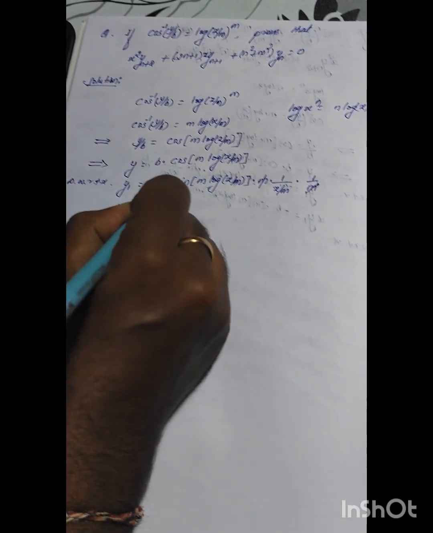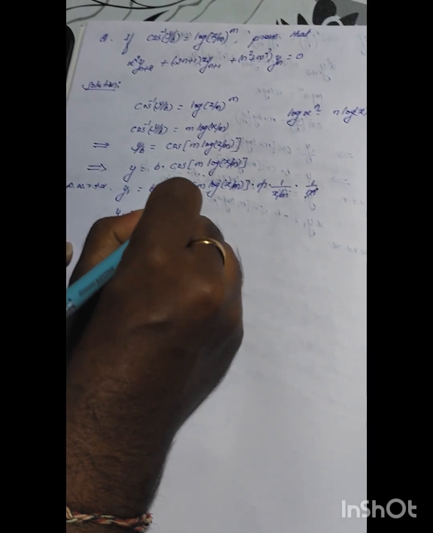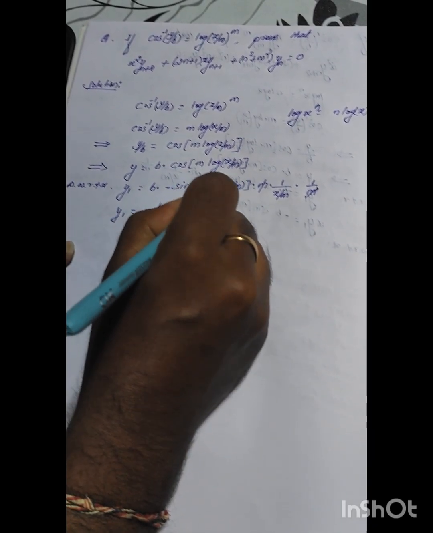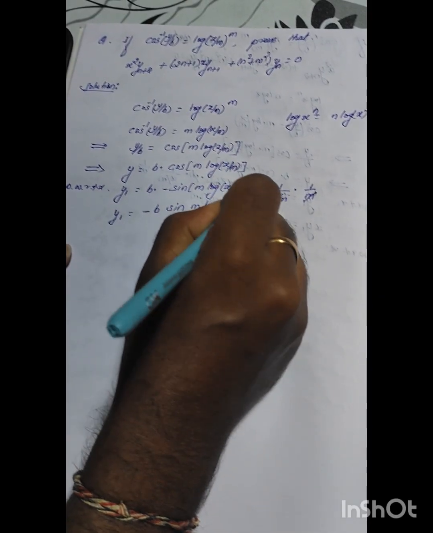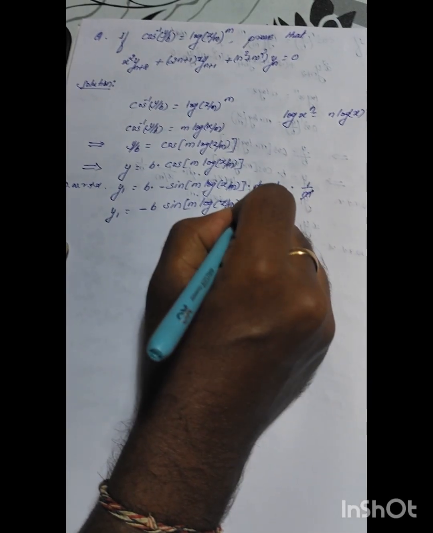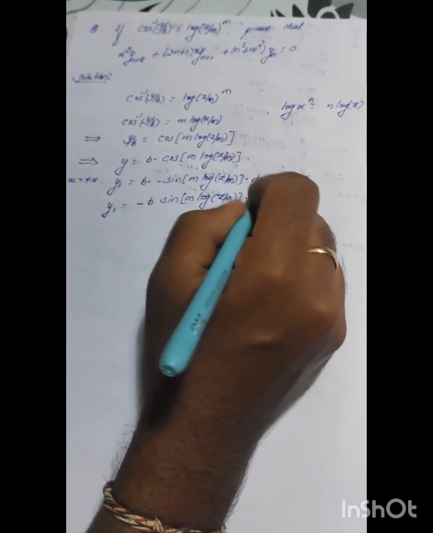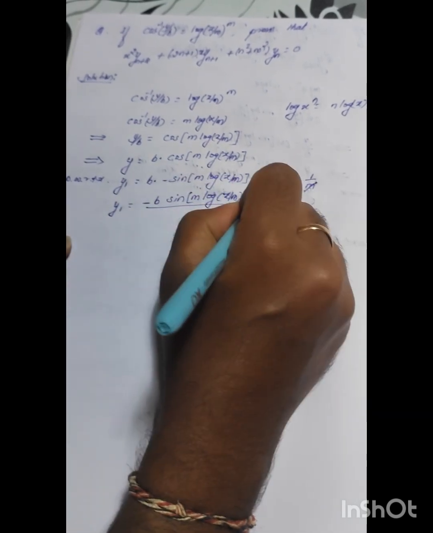So if you observe here, 1 over m is in the numerator and m is in the denominator, we can cancel it like this. So y1 will be equal to, minus sign is there, so I will take minus b outside, minus b into sin of m log x over m, into 1 over x by m is there, so that means it will become m by x. So m will go to the numerator and x will come to the denominator, right?